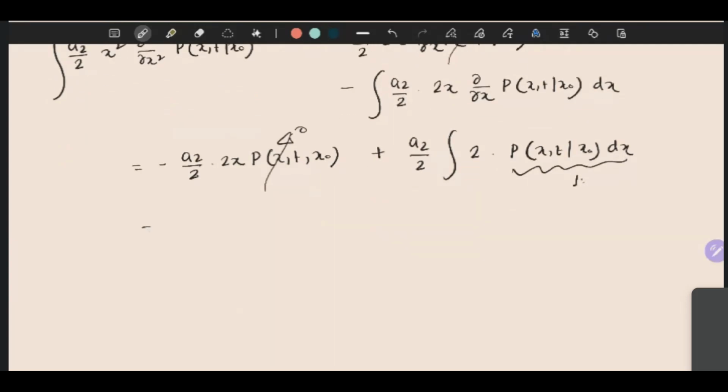So then this becomes a2 by 2 into 2 is equal to a2.